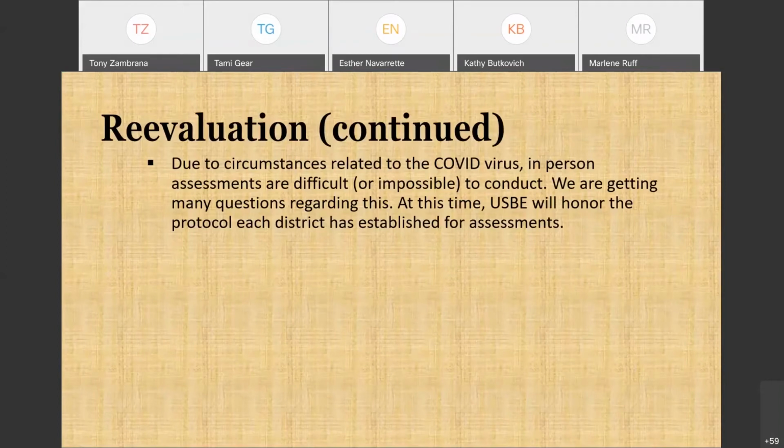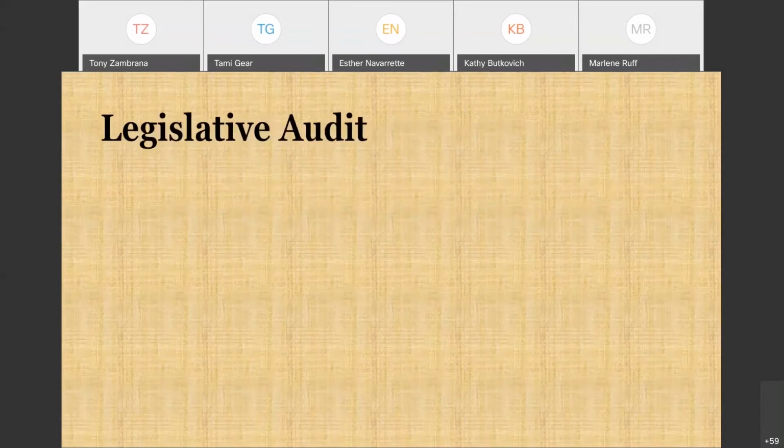So if, for example, the district feels like they cannot do an in-person cognitive assessment, they may, in their protocols, say we will use functional assessments to determine that for now. But we are looking at the protocol each district has established for those assessments. So it will be based on the district that is in charge of your assessment, what their protocols are. Any questions up to this point?